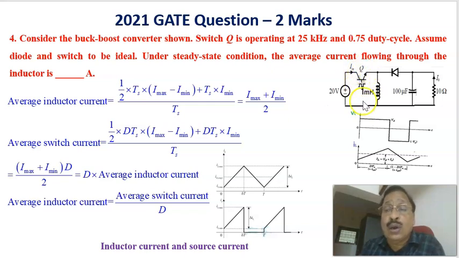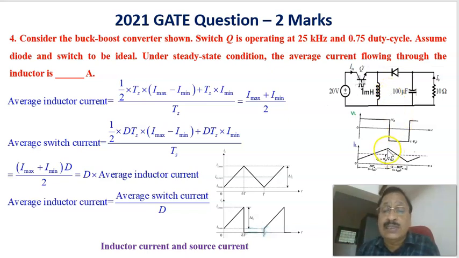When the device is switched off, let us see what happens. When the switch Q is switched off, the voltage across the inductor is equal to minus the output voltage, because the voltage inversion is there in a buck boost converter. Therefore, the voltage across the inductor will become minus V0. Since the voltage across the inductor is negative, di by dt will be negative.